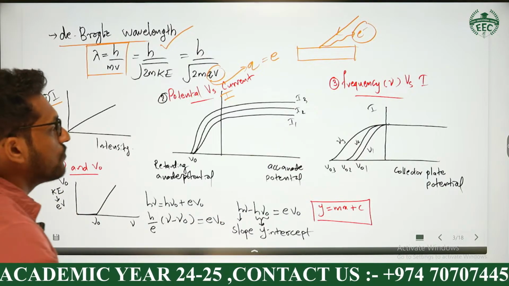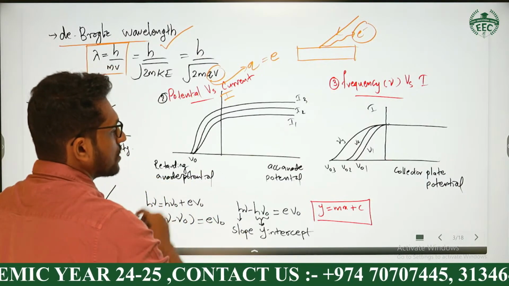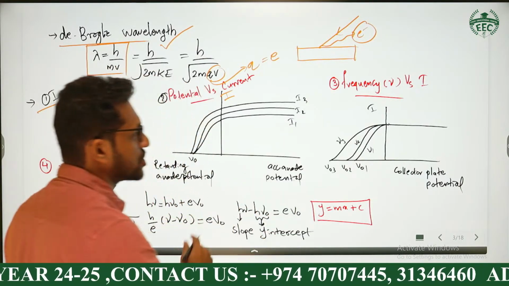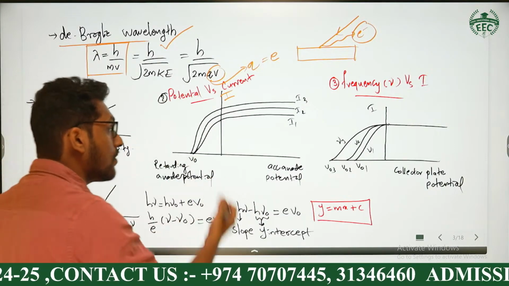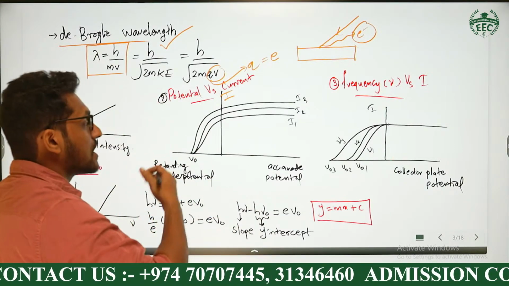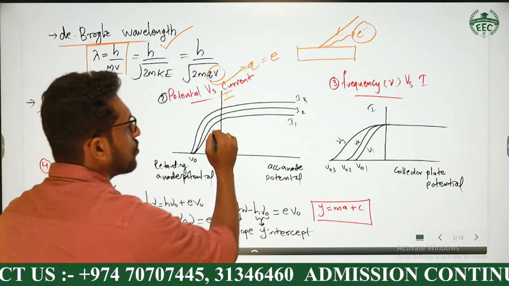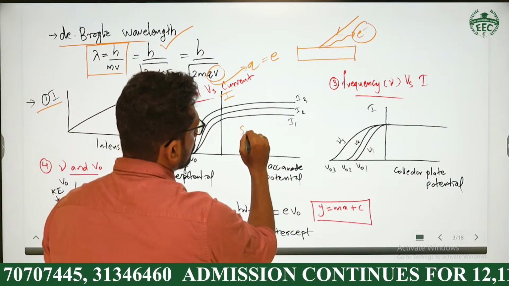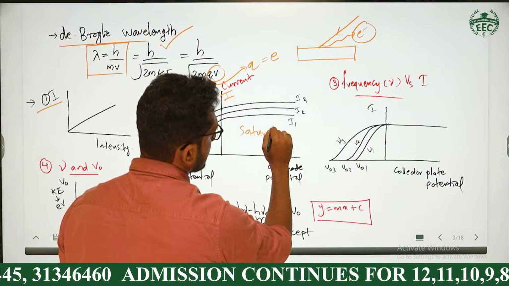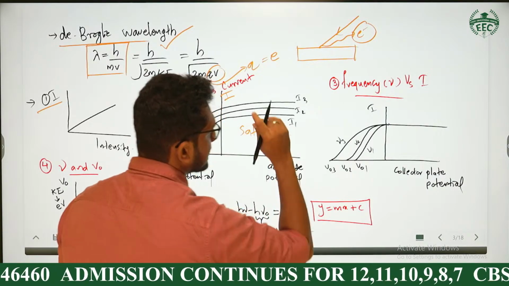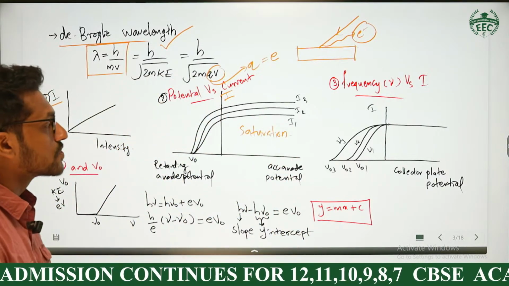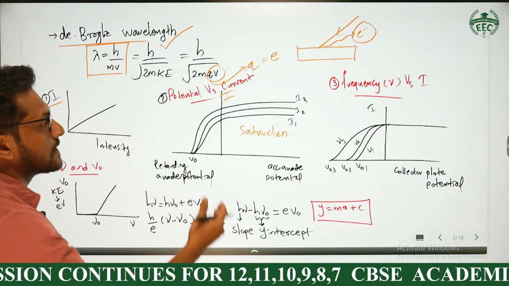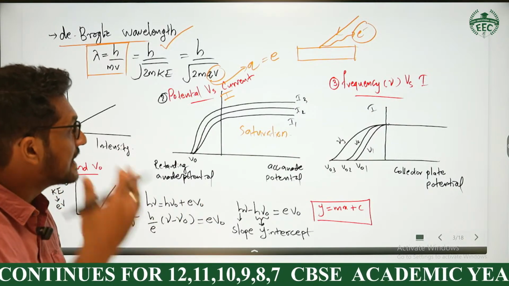Now the graph will be like this, and if the accelerating anode potential increases, the current will soon reach a saturation value. This is called the saturation current. This is the maximum current possible. Beyond this, there is no increase in current.